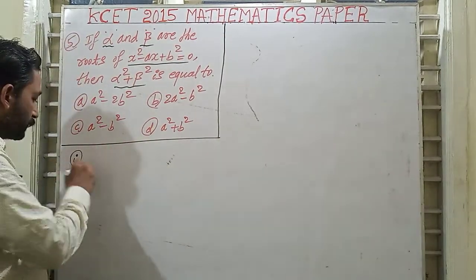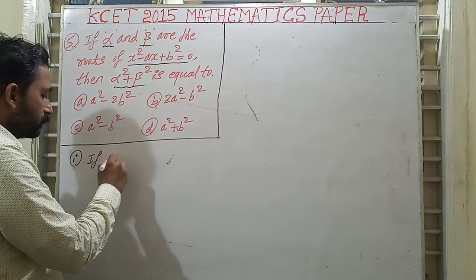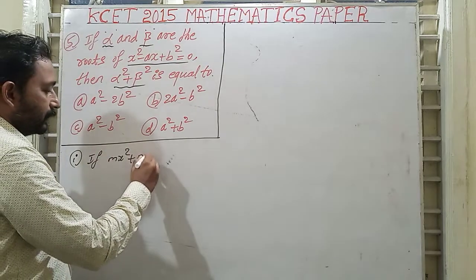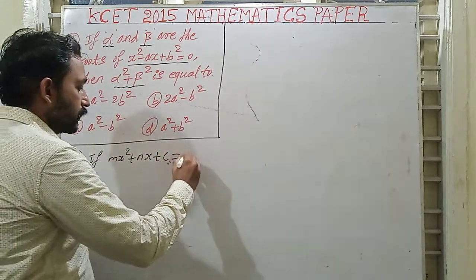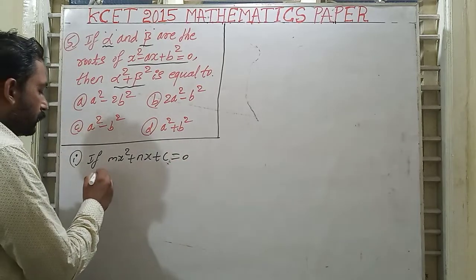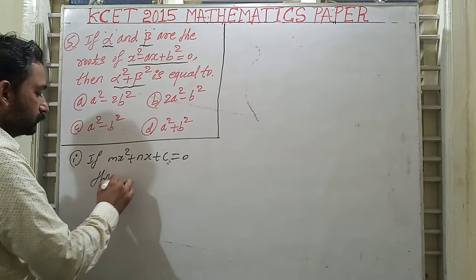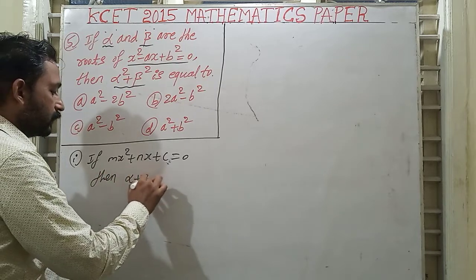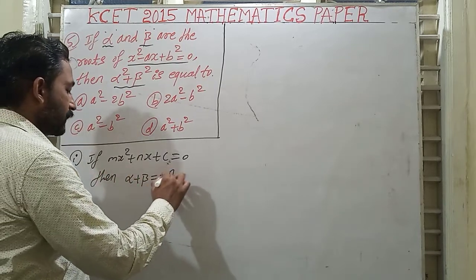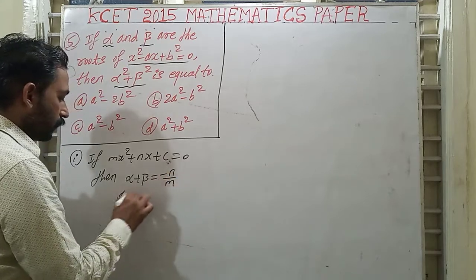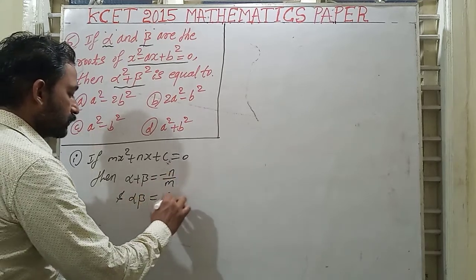First formula: if mx square plus nx plus c equal to 0, where alpha and beta are the roots of this quadratic equation, then alpha plus beta is equal to minus n by m, and alpha into beta is equal to c by m.